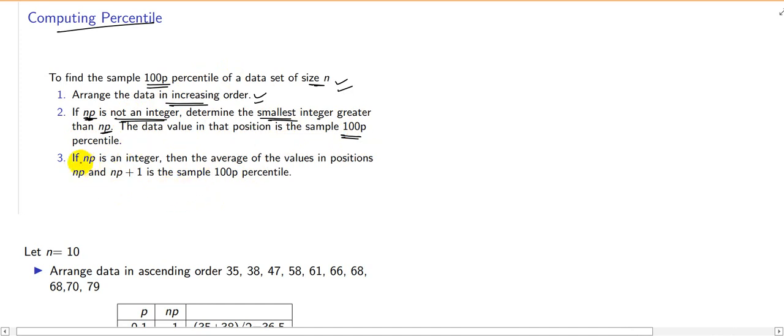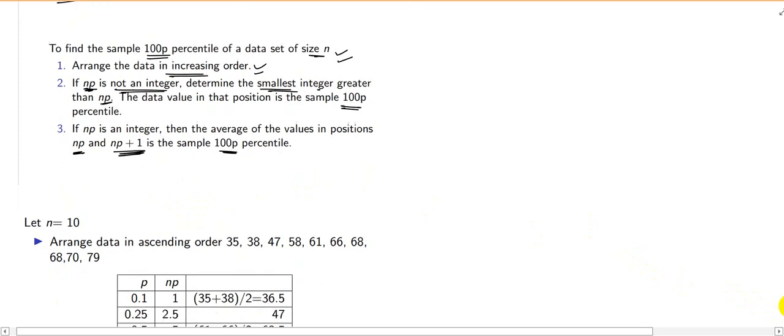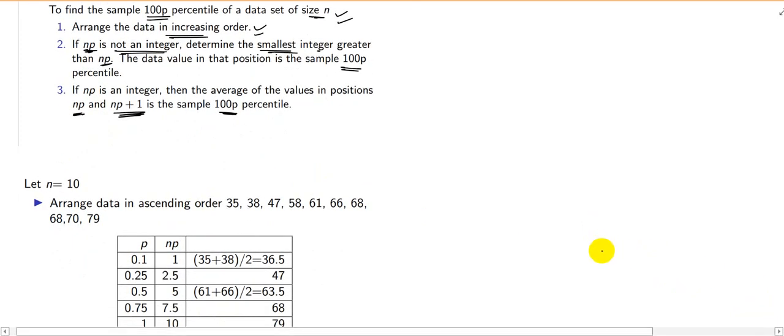If np is an integer, then the average of the values in positions np and np plus 1 is the sample 100p percentile. The working style is quite similar to the median, maybe 15% the same, because there are two procedures, one if it is not an integer and one if it is an integer.